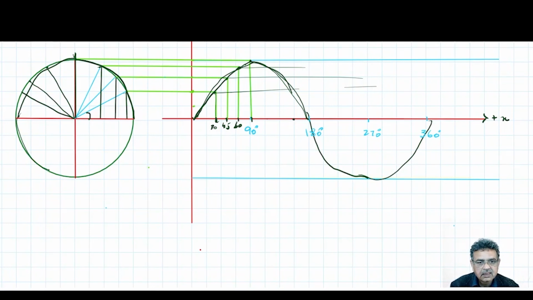When it reaches here to 270 degrees, the graph reaches here, and then back to here. Okay, so this type of curve is known as the sinusoidal curve.